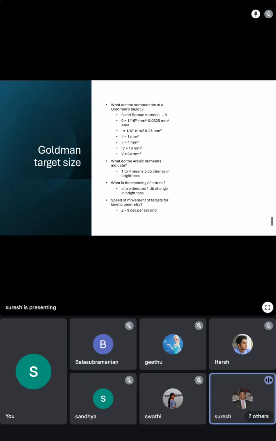Are you understanding? Yes, sir. And again, the speed of movement of the target for kinetic perimetry is 2 to 3 degrees per second. Why I am saying this is that these are questions which can be asked after giving you a perimetry chart.